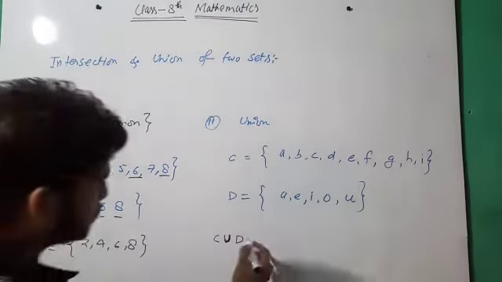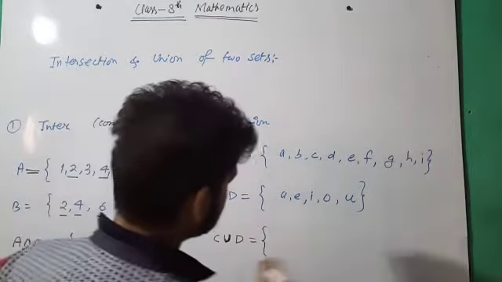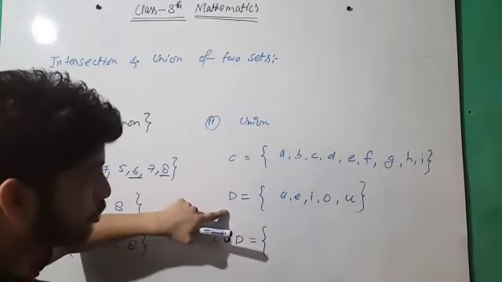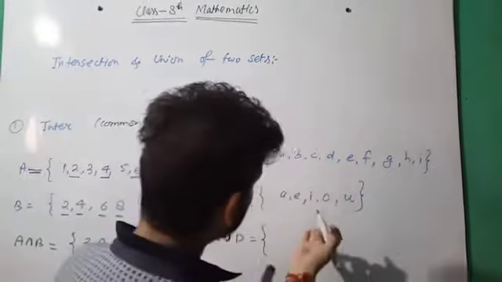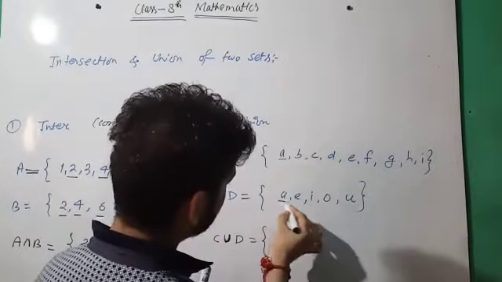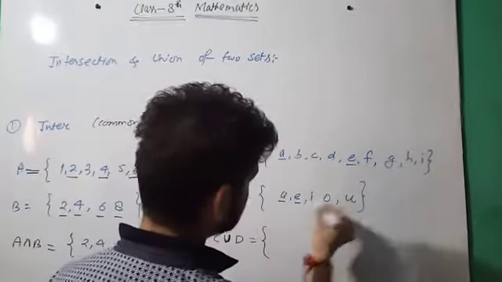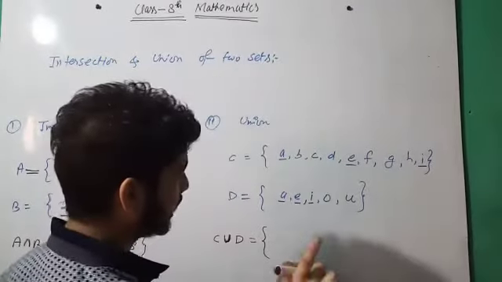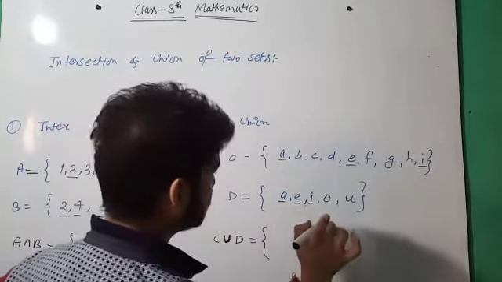C union D is the set of all the elements of C and D which are not repeating. Not repeating means A 2 times, E 2 times and I 2 times, but we have to take A, E and I only one time.